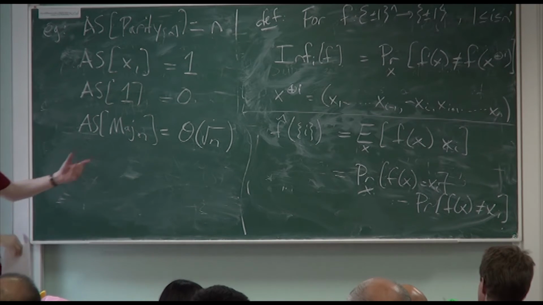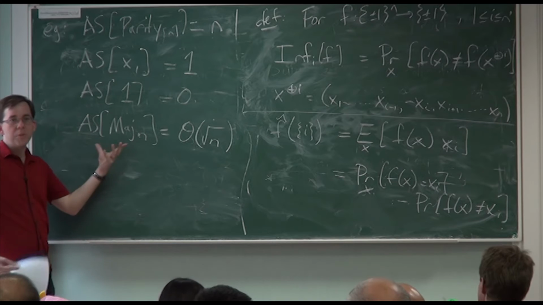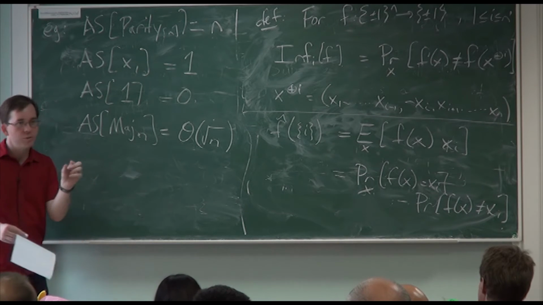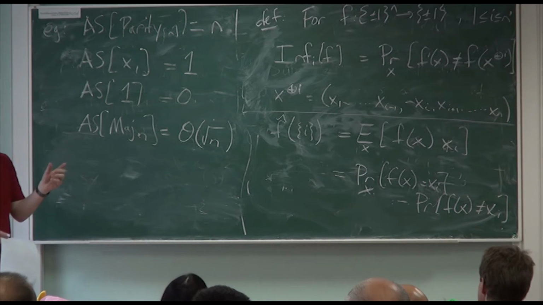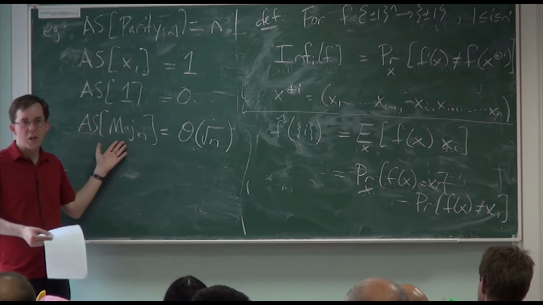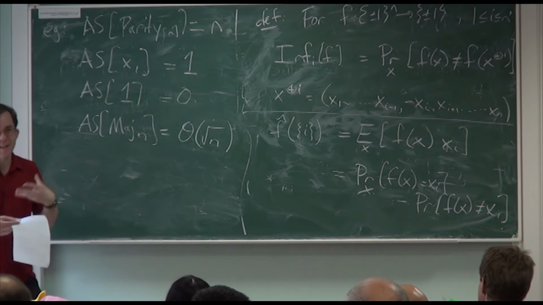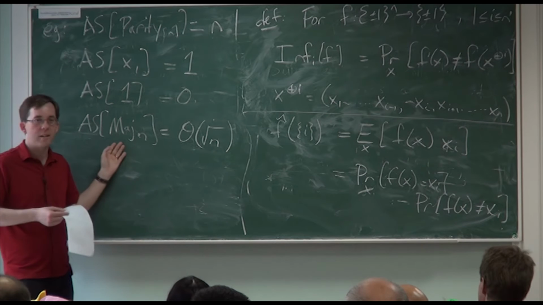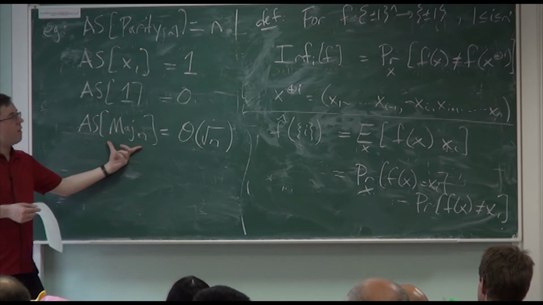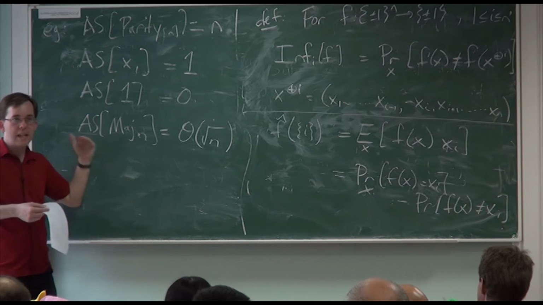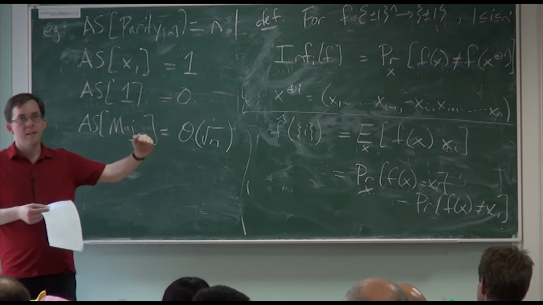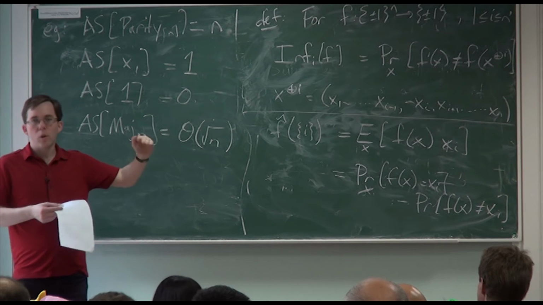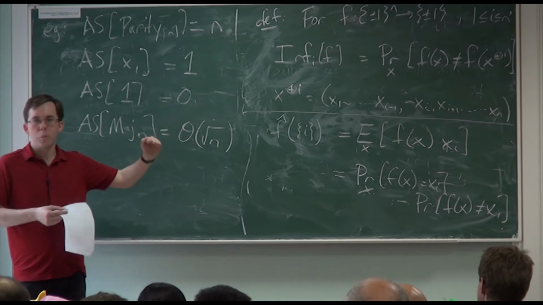Another way to see that is, if you pick a random string and compute the majority, and then you imagine flipping coordinates to see if that changes the value of majority, most of the time it doesn't change anything, right? As long as the majority is a slight supermajority, then it doesn't matter. The only chance you have of changing the value of the majority is in the case where exactly ceiling or floor of n over 2 of the bits are +1.